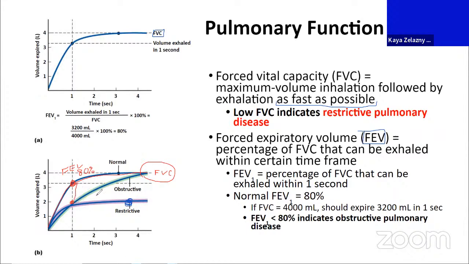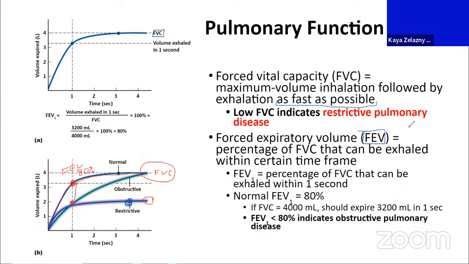Now we can see that the restrictive disease also has a lower forced expiratory volume in terms of our numbers here, like the drop on the graph. But because we also have a lower forced vital capacity, percentage-wise, that curve would look the same. So the percentage of the forced vital capacity would still be potentially up around 80%.